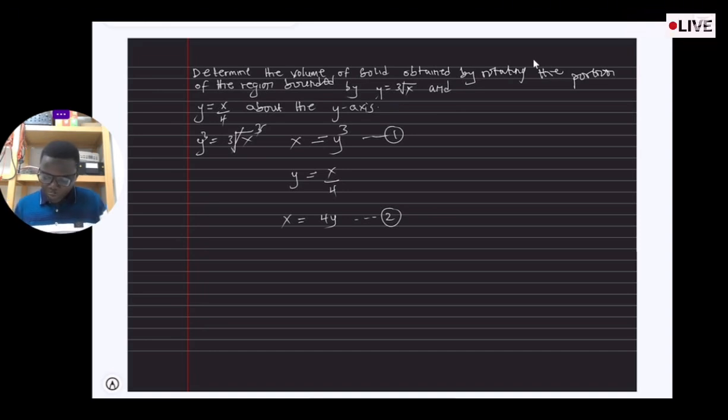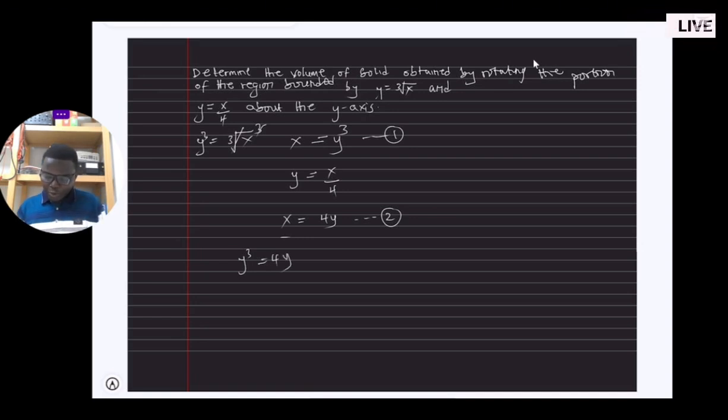So based on that, what do we do? As I was saying earlier on, find the meeting point of these two functions. Since x is equal to x, you have to equate the two functions. So we can say y cubed is equal to 4y.